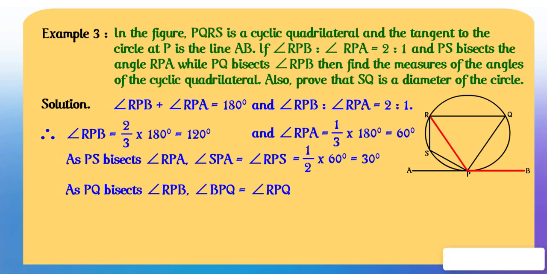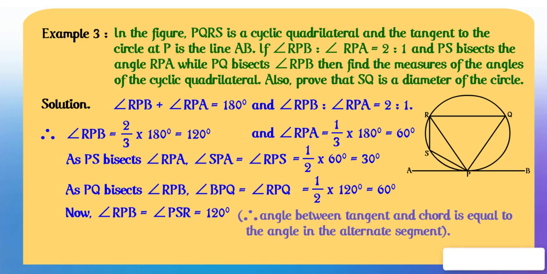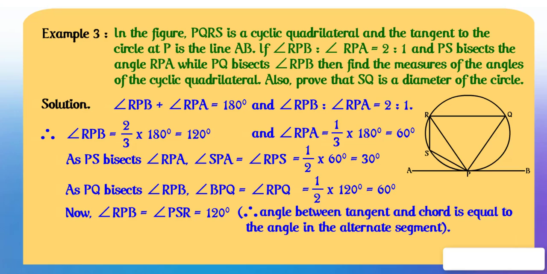As PQ bisects angle RPB, angle BPQ is equal to angle RPQ is equal to half into 120 degrees is equal to 60 degrees. Now, angle RPB is equal to angle PSR is equal to 120 degrees because angle between tangent and chord is equal to the angle in the alternate segment.